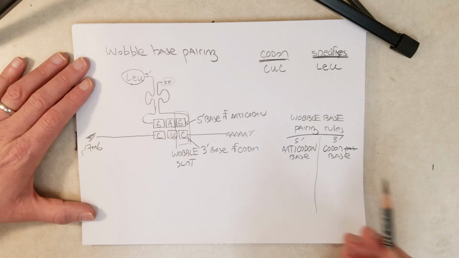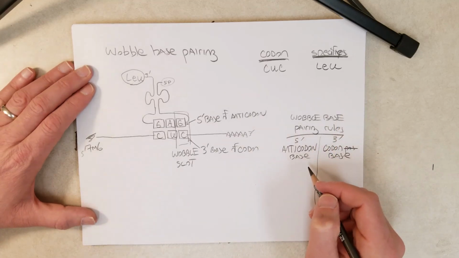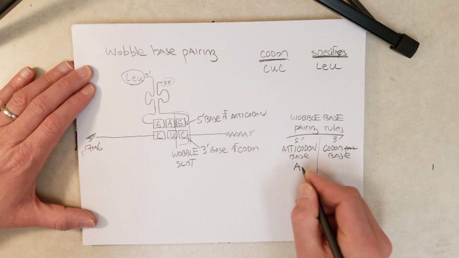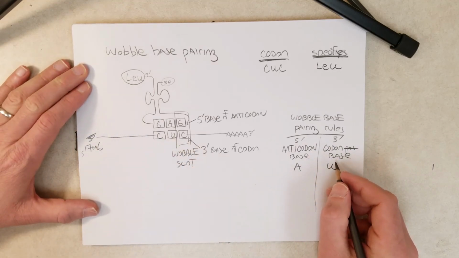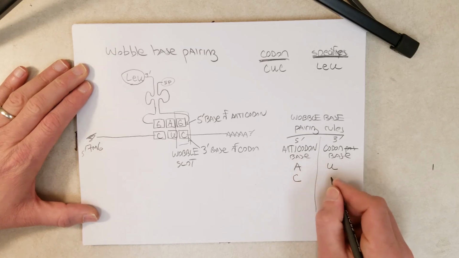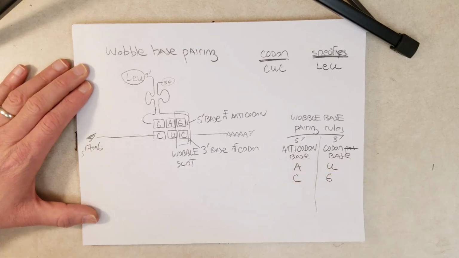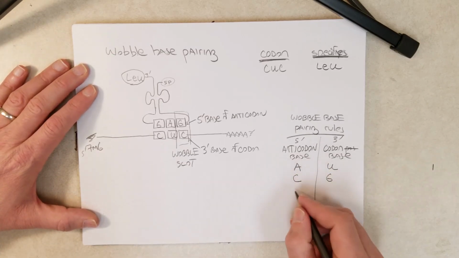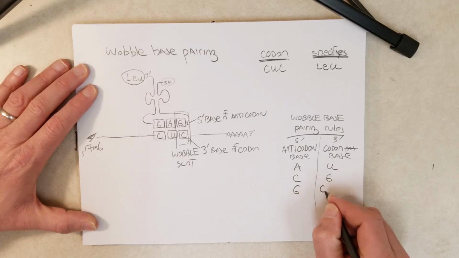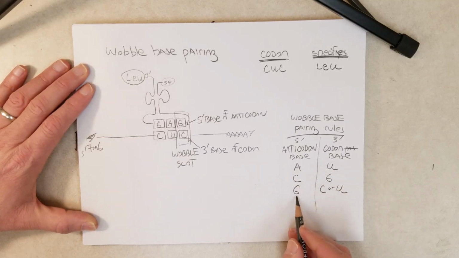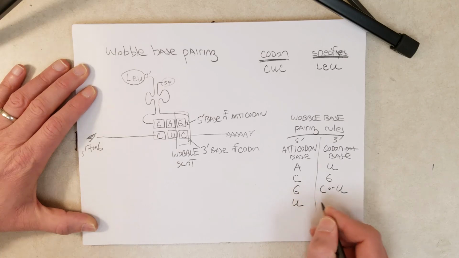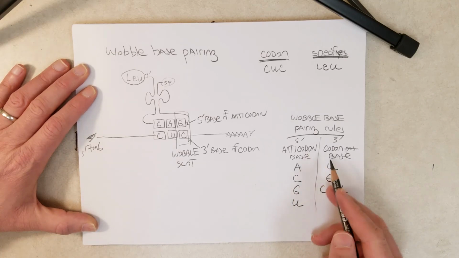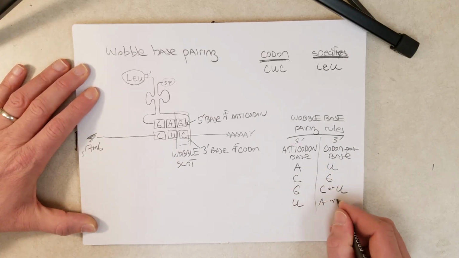These are the bases that are occupying the Wobble position. If there's an A in the anticodon, that can pair up with a U in the codon. If there's a C, that can pair with a G. That's just standard base pairing rules. G can pair with C or U. So a G in the anticodon can recognize a C or U in the codon. U in the anticodon position can recognize A or G.